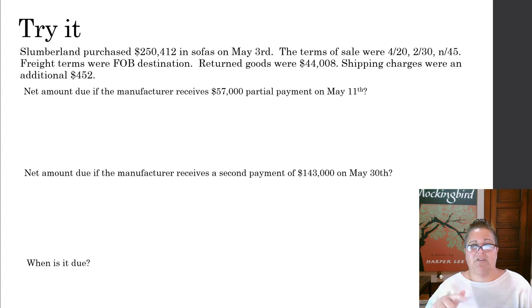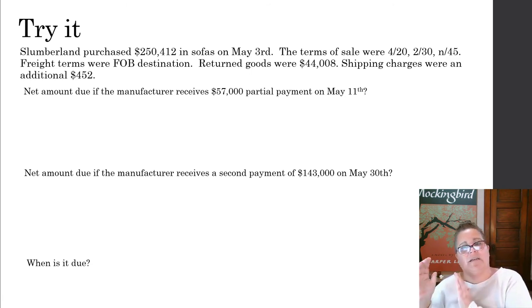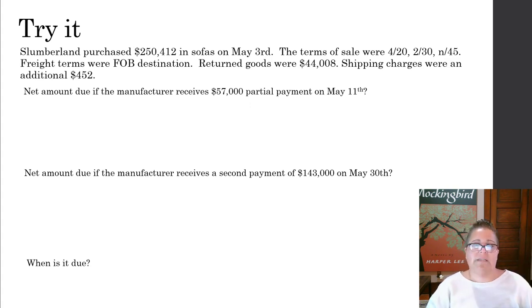But if they pay on day 26, so between day 20 and day 30, they can still get a 2% discount. And then if they pay between day 30 and day 45, they don't get any discount. So it's stepping down the discount amount, right? Because it's 45 days out. So if they miss the first 20 days, they still got 10 days in there to get a 2% discount before they go to nothing because the net is due in 45.